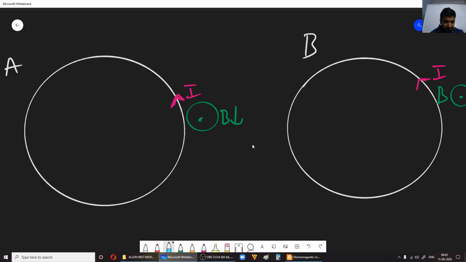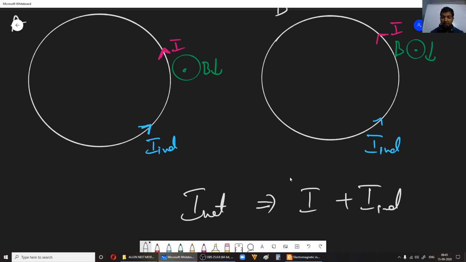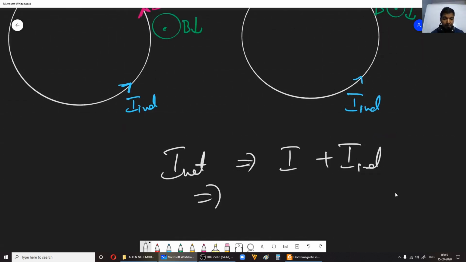The direction of the induced current will be the same as the direction of the current which was flowing earlier. Since both currents are in the same anti-clockwise sense, the net current is I plus I induced. So naturally the net current in both of them increases. Okay, so this is the solution.